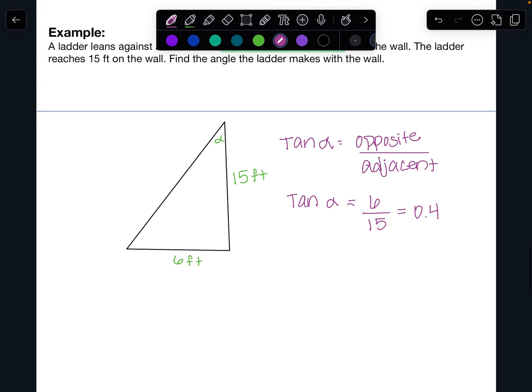In order to determine the angle in degrees, we actually take tangent in our calculator to the -1 of 0.4. And when we enter that into the calculator, it comes out to 22 degrees. So alpha equals 22 degrees.